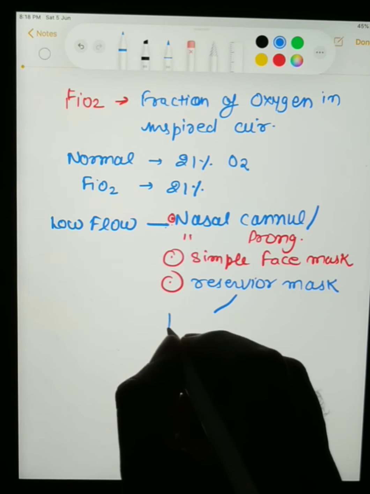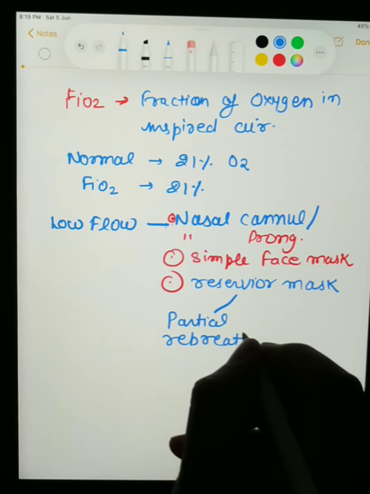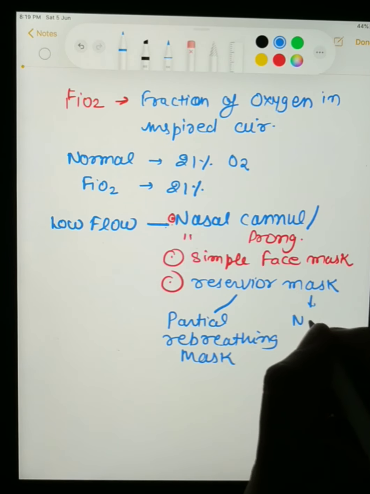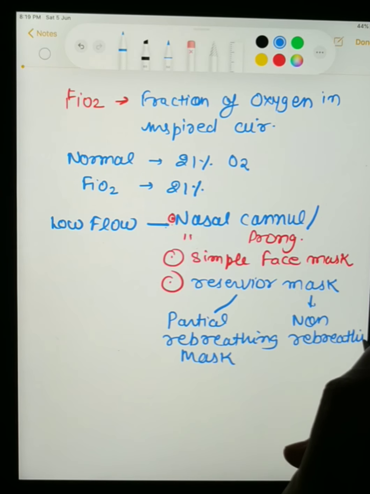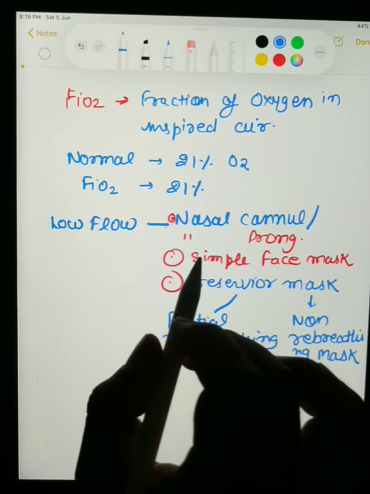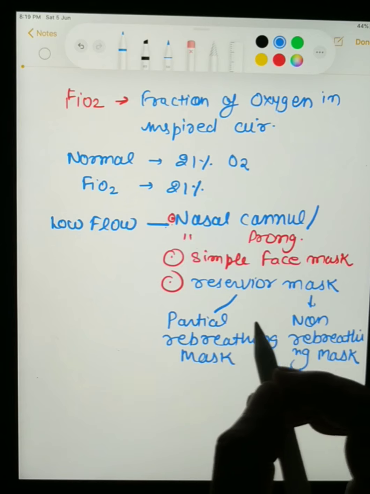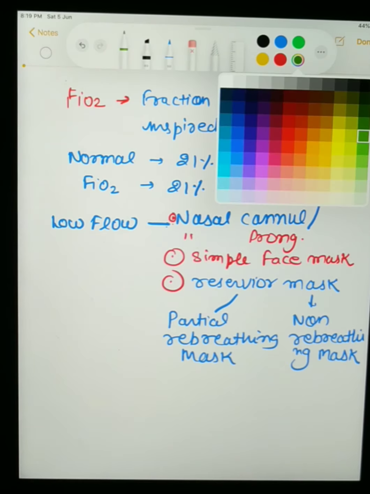These are divided into partial rebreathing mask and non-rebreathing mask. So these are the low flow systems like nasal cannula or nasal prong, simple face mask, reservoir mask, which are divided into partial rebreathing and the non-rebreathing mask.